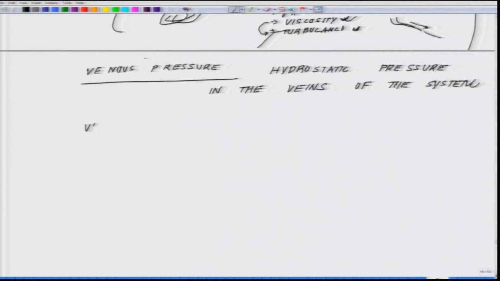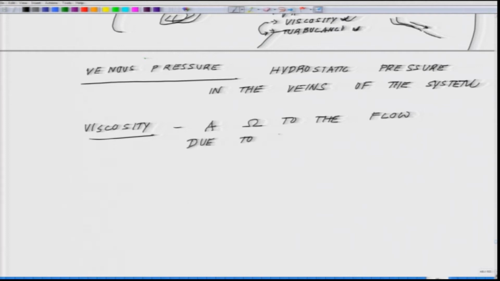Then comes your viscosity. We have already discussed it. Resistance to the flow due to interaction among molecules within a liquid.